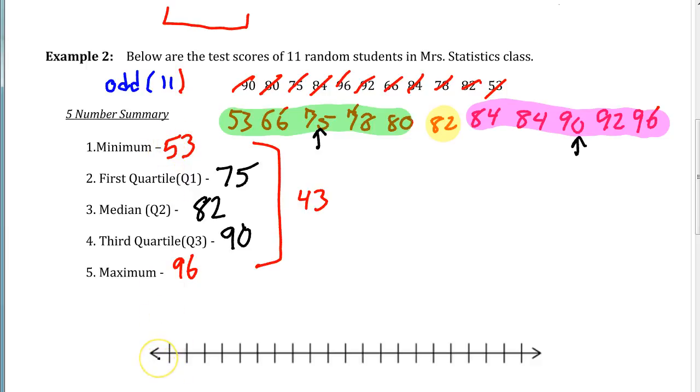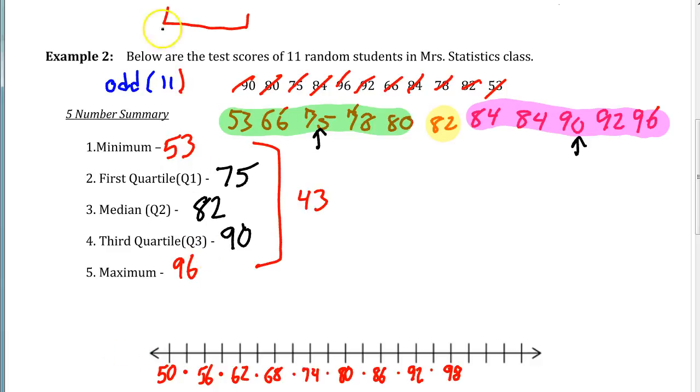It could be 50 or 52. So let's go with 50, and then 53, 56, 59, 62, and so on. So just count all the way up. You can go to 96 or maybe a little bit above it to finish it up.